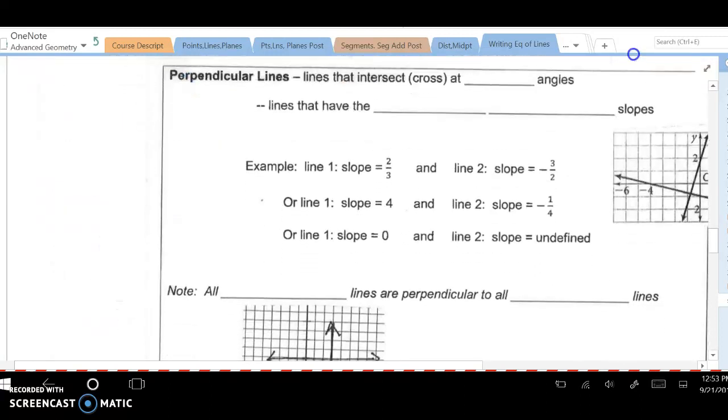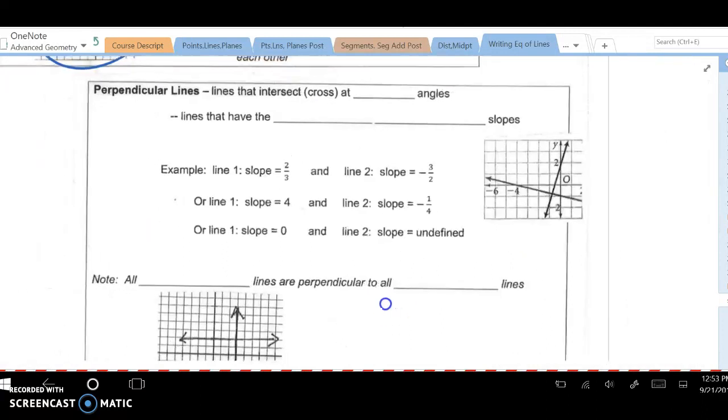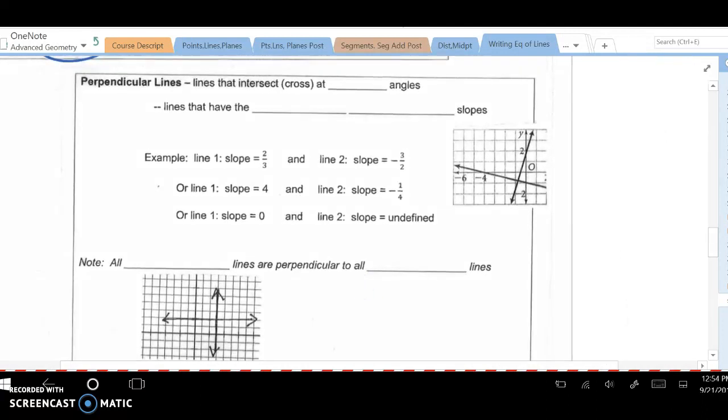Let's look at perpendicular lines. These are lines, you might recall, that cross at right angles, 90-degree angles. They're lines that have opposite reciprocal slopes.